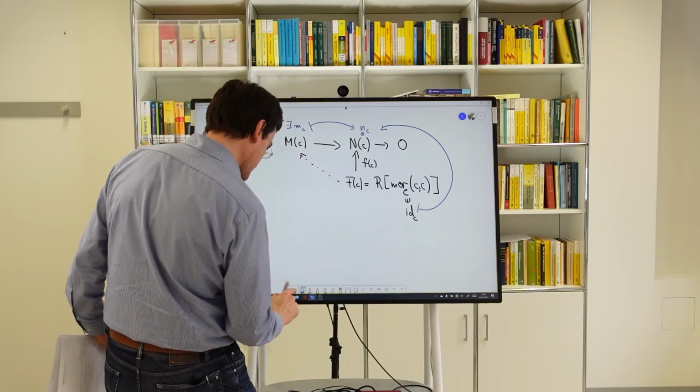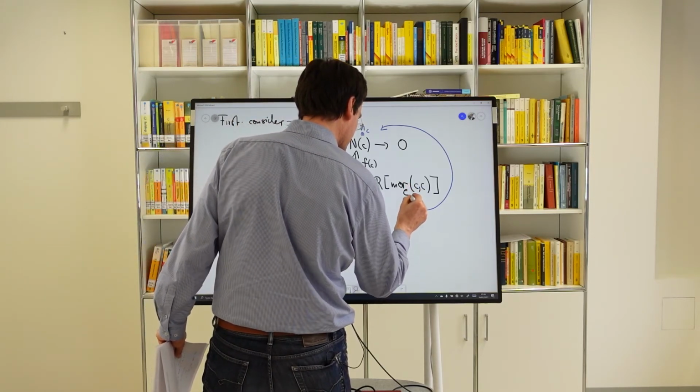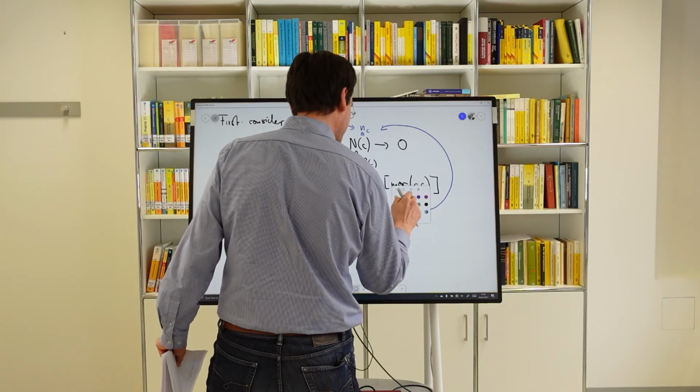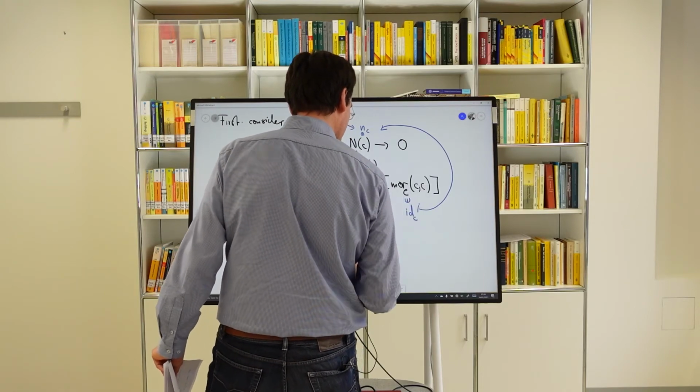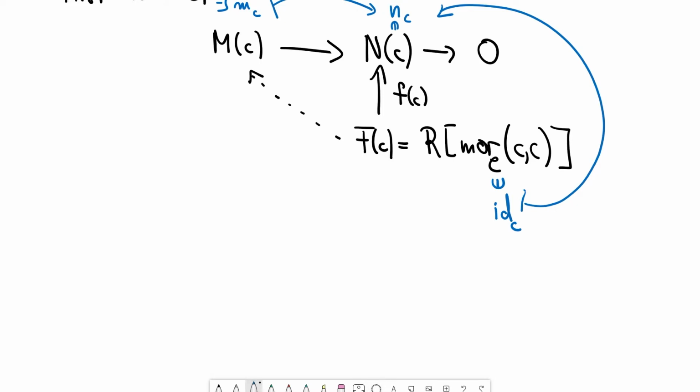Okay, so somehow I'm a purist and it bothers me that this is not blue now. Let me make it blue. So a natural choice is to map this element to this MC.